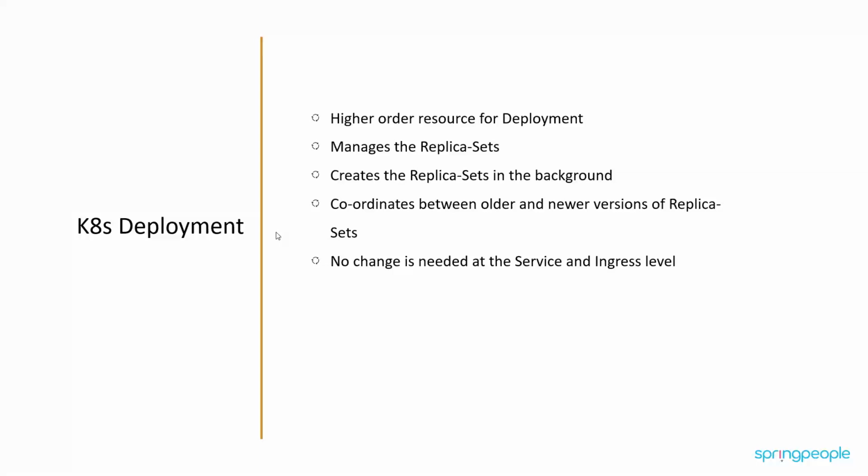The deployment resource also coordinates the versions between your older replica set and the newer replica set. So during the deployment, you don't have to change anything at the service or ingress level, the existing users will be able to access the resources, and there won't be any impact to the users.